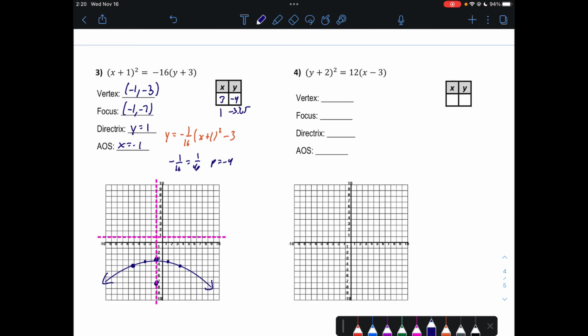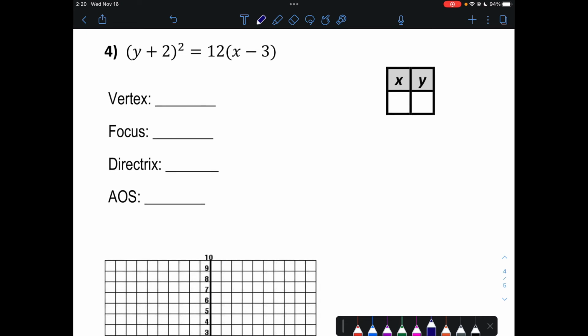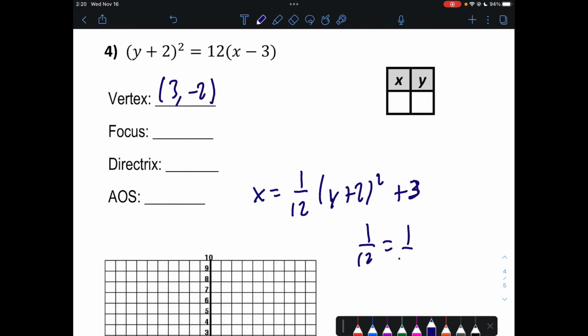Okay, and the last one. This is a y squared, so we know it's going to open horizontally. So if I solve this for x, I get x equals 1/12 (y plus 2) squared plus 3. So my vertex is 3, negative 2. If I set this equal to 1 over 4p, I get p is 3.